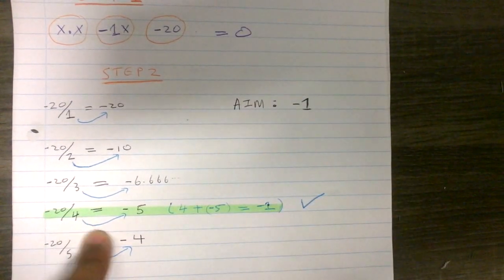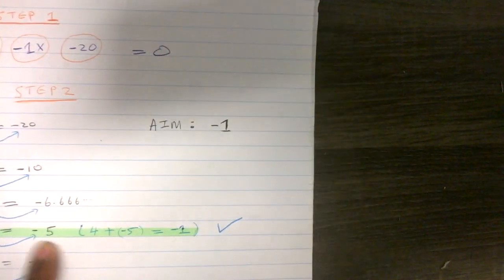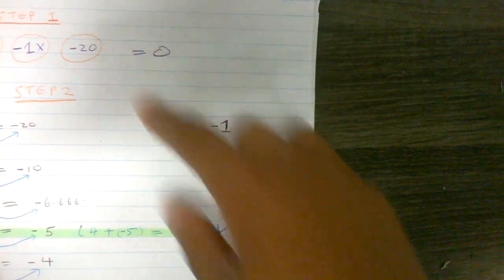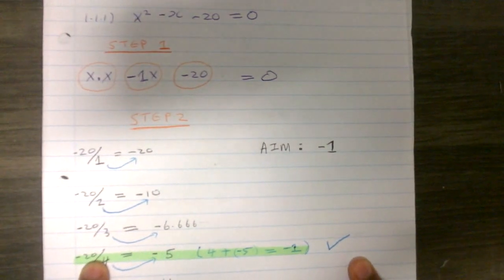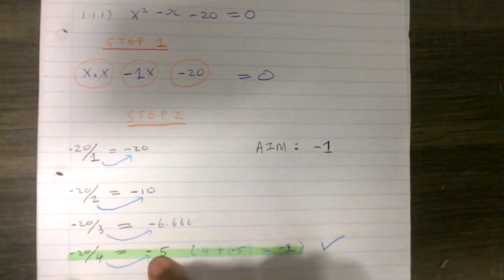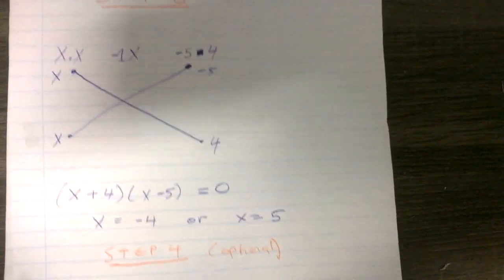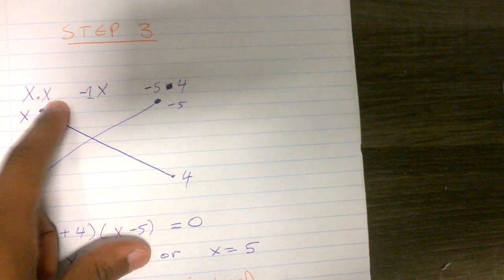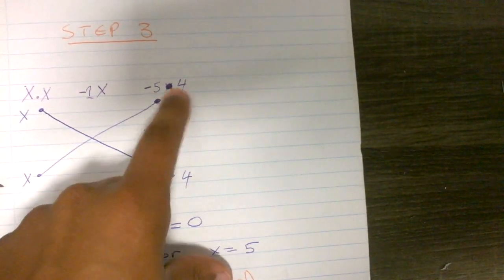So 4 and negative 5 in this instance gave us the aim. That means you're going to write this 20 as 4 times negative 5.